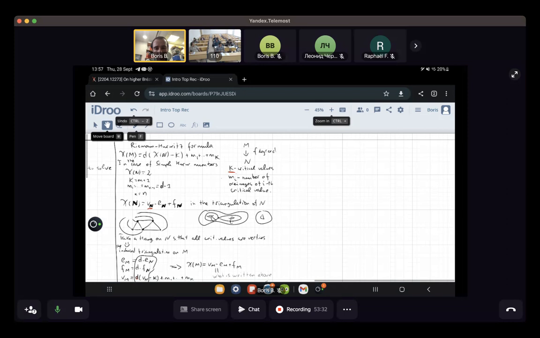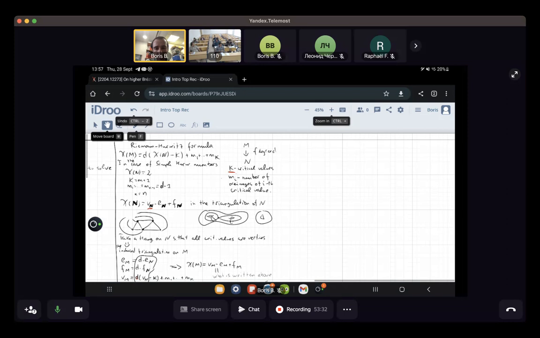The Euler characteristic of M is equal to... Sorry, I should not mix up all my notations.